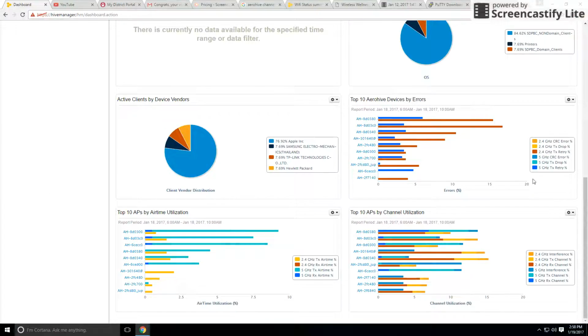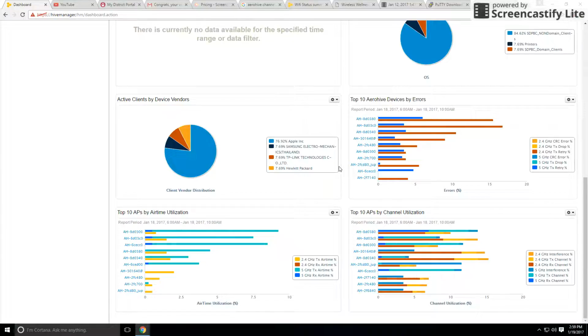If we go over and look at top 10 AeroHive devices by errors, because we've got a lot of traffic, what inevitably is going to happen is that 2 devices will simultaneously attempt to take control of the channel and to transmit information. And when that happens, both of the clients will have to resend their data, and that manifests itself as a retry.